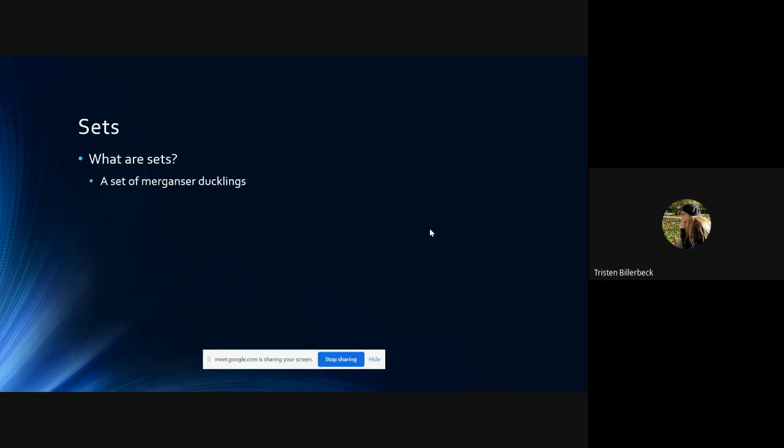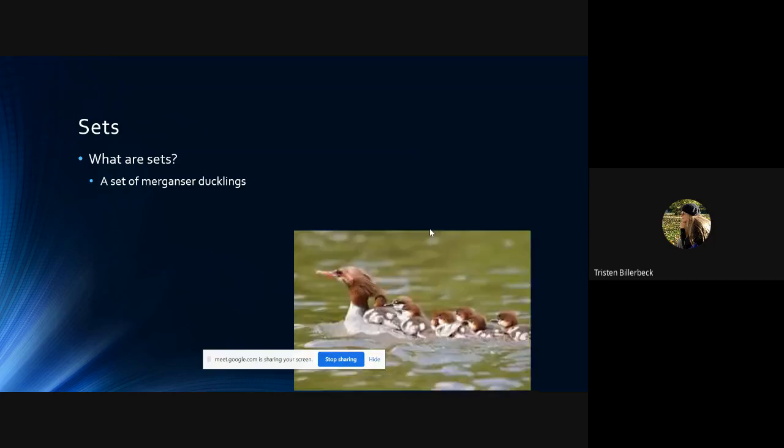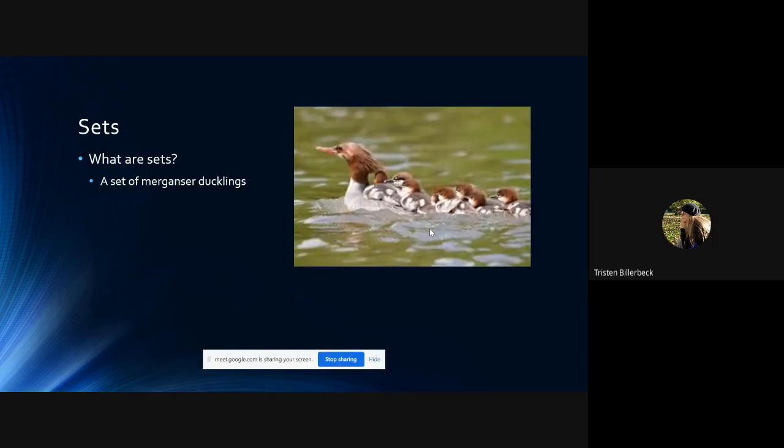So let's look at a set of merganser ducklings, one of my favorite to see when I paddle on the river. There they are. They all stick together, and boy, those merganser moms have a ton of little ducklings. And they're very good swimmers. And a set of dry erase markers. Well, we know all about those. Didn't you notice how happy I was when I got all my colored dry erase markers from Amazon Prime?